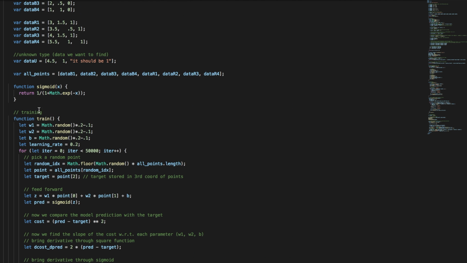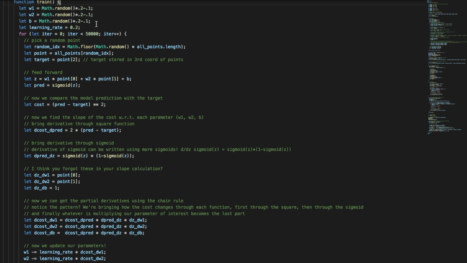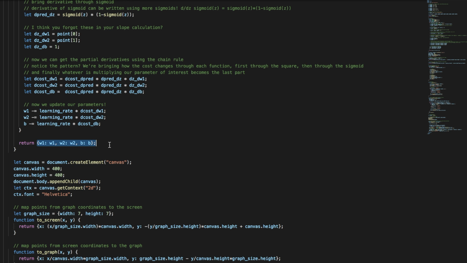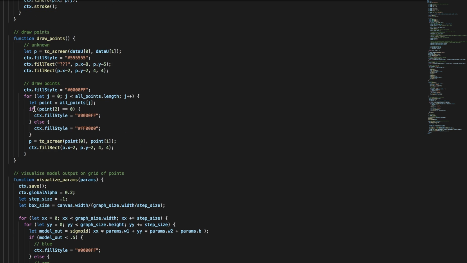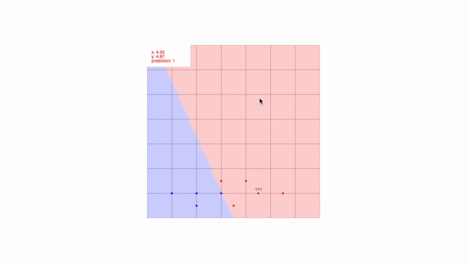So I can run this. It'll start with random weights, iterate through by picking random flowers, improving the network's prediction per flower over and over 50,000 times, and then return the learned parameters. And then the rest of this code is just to visualize the output on this graph like this.